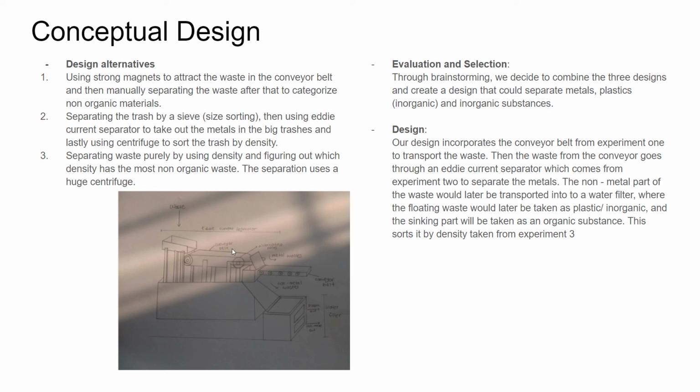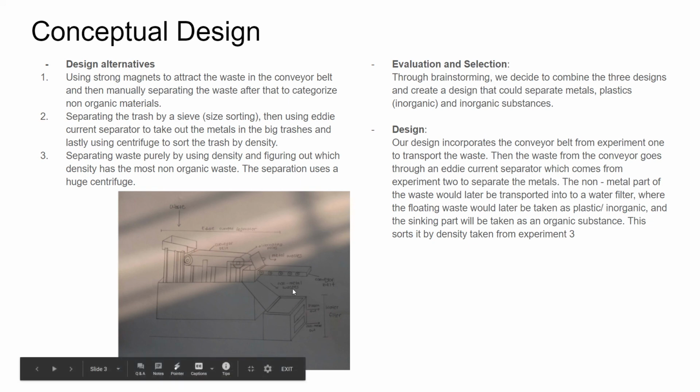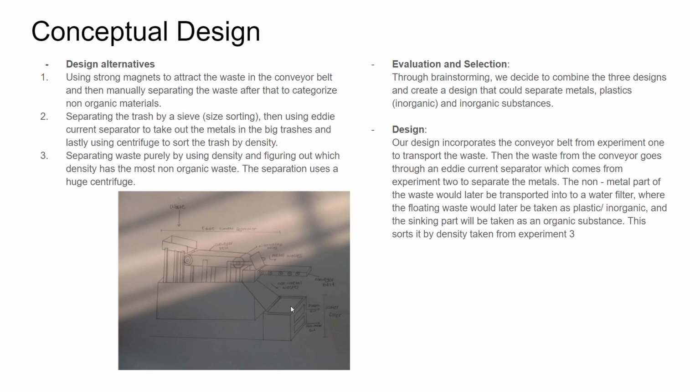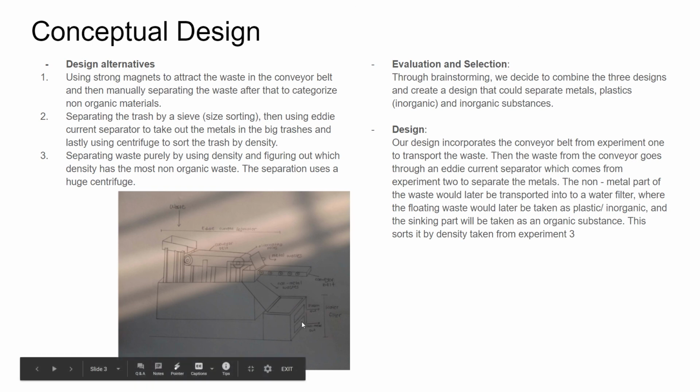Then the remaining trash is separated here, which is the water filter. The water filter will later separate the trash by density so that it could differentiate between the organic and inorganic substances.